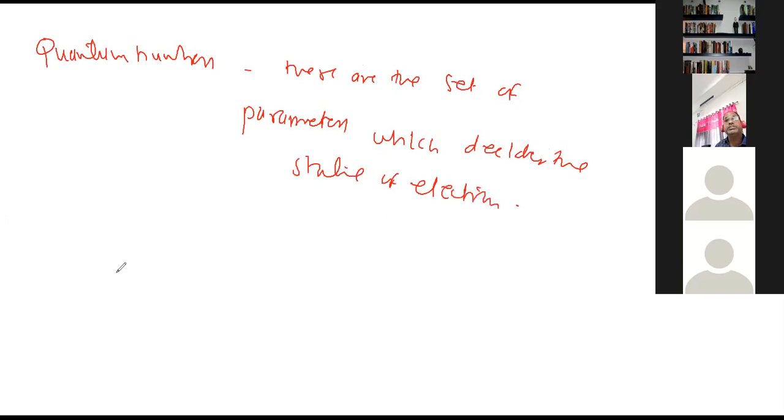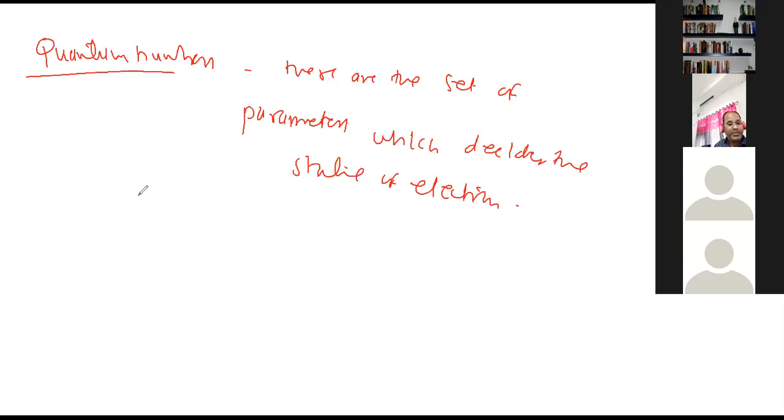So a certain set of parameters or numbers that decides the state of electron, that we are calling quantum numbers. Is it right? So which are the set of quantum numbers?